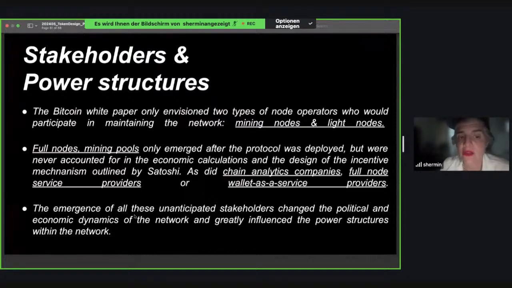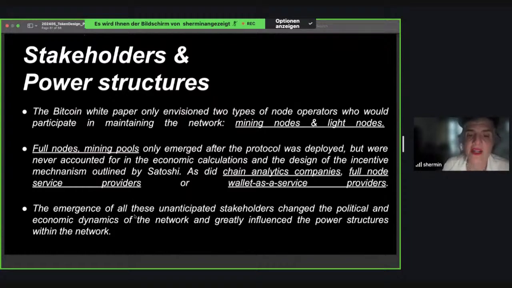They were never accounted for in the economic calculation or in the design of the incentive mechanisms. Chain analytics companies emerged later. They very often work hand in hand with government agencies and undermine the pseudonymous privacy features of Bitcoin, and make it less fungible.